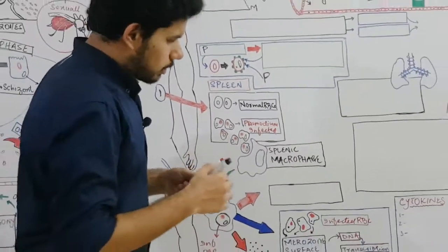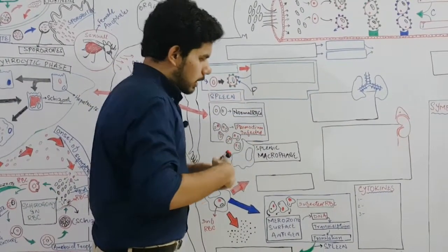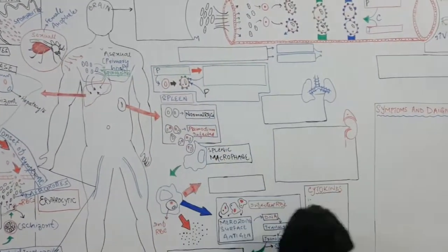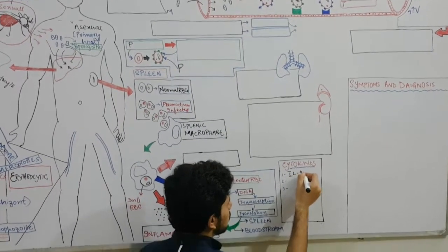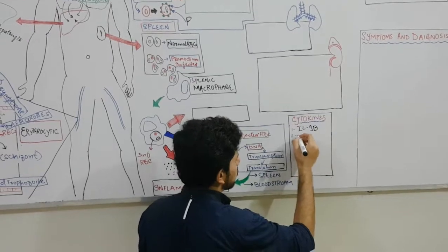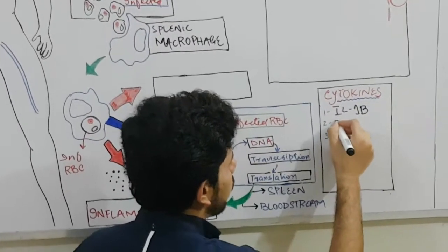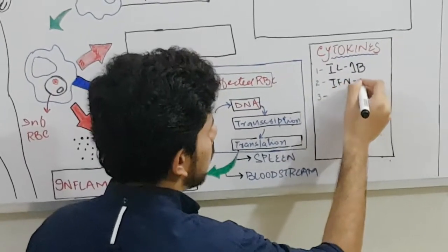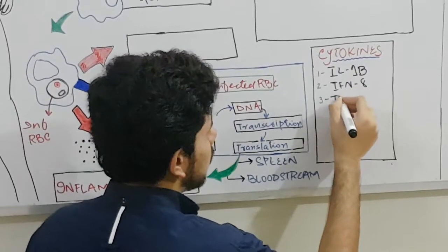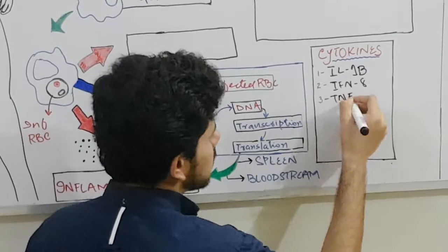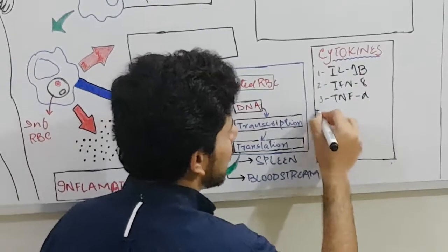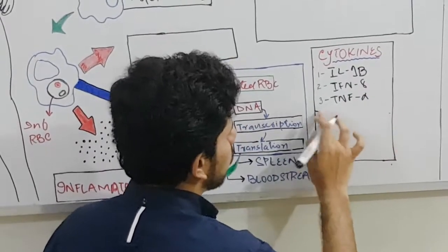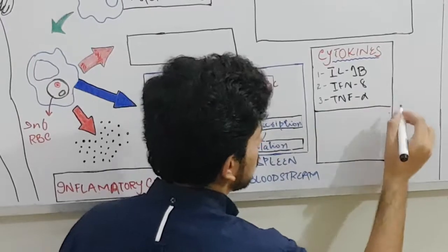So in malaria, the major cytokines which are released are number 1 interleukin 1b, number 2 interferon gamma, number 3 TNF alpha, or tumor necrosis factor alpha. What do these cytokines do, or what complications do they produce?